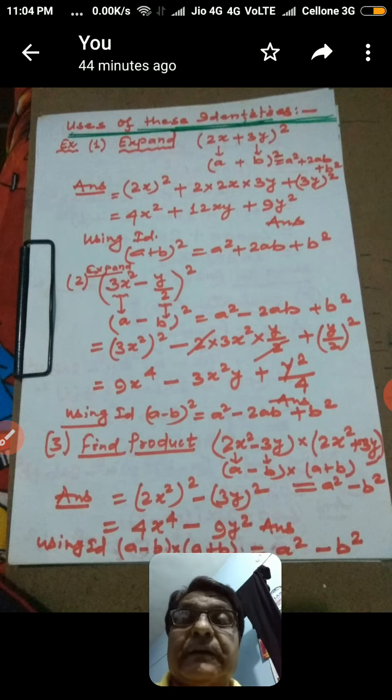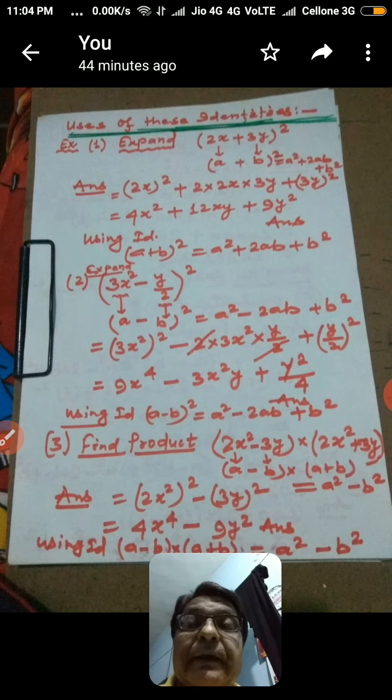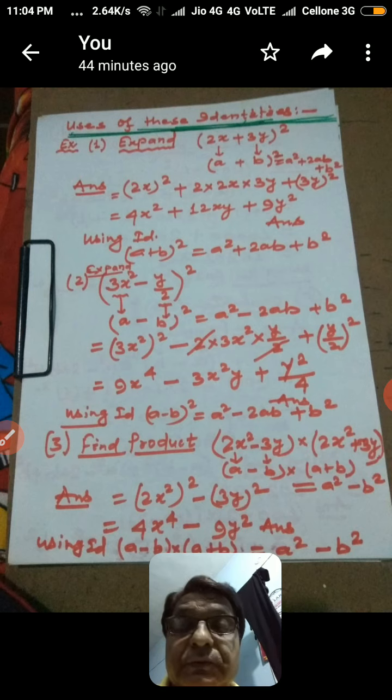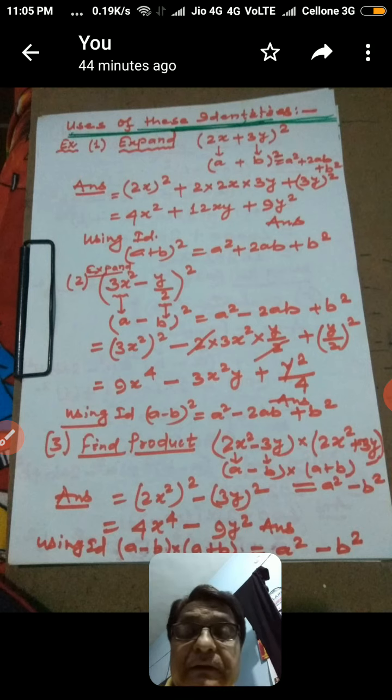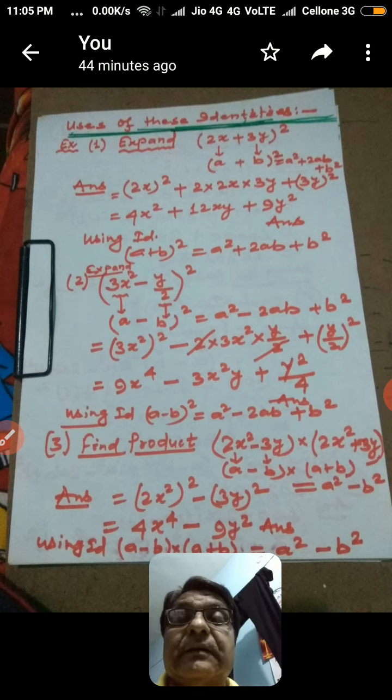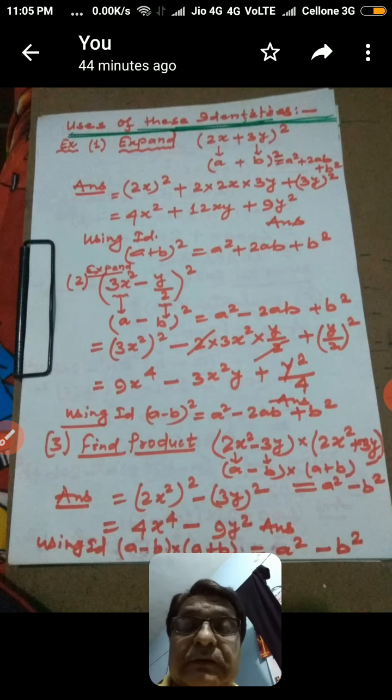In between there is a hidden multiply sign, so 2 into 2x into 3y, because our a and b are 2x and 3y, plus b square, that is (3y) whole square. Whole square is essential here because both terms in 3y have powers. If we don't put a bracket, then the square will be only for y, not for 3.